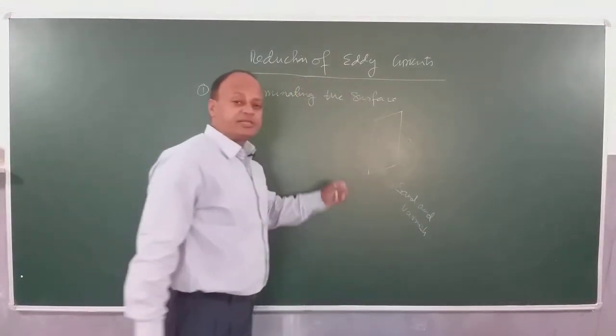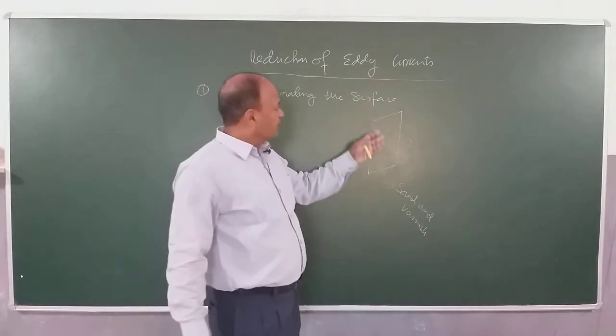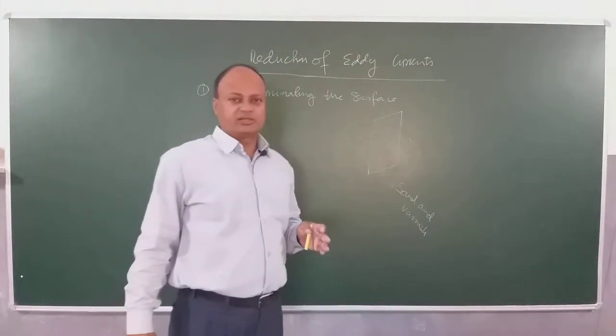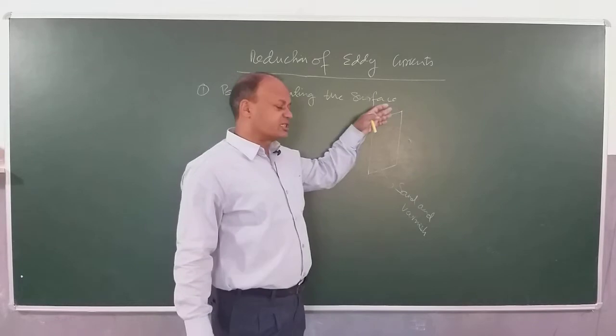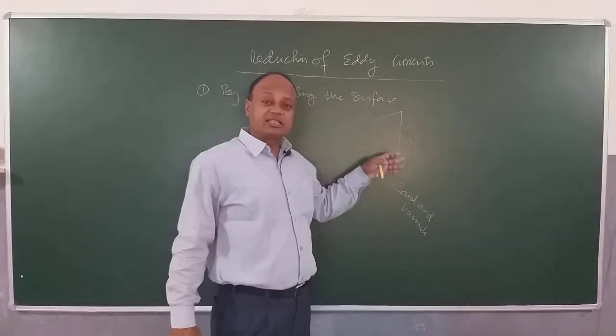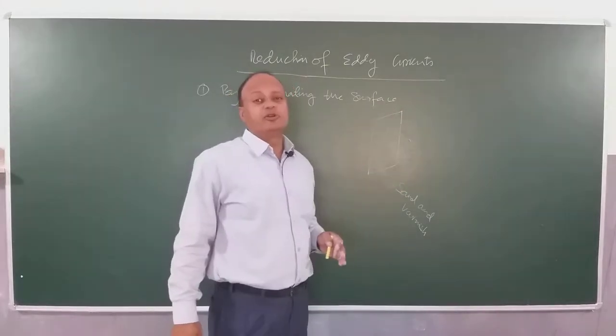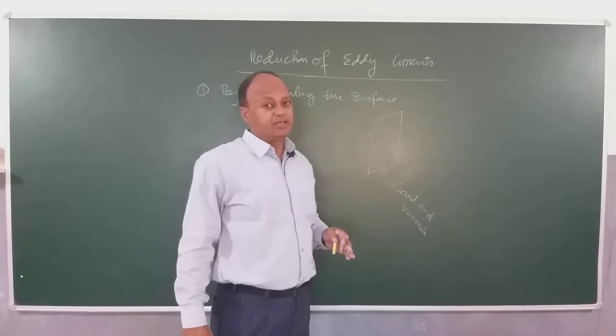If you put a coating of sand and varnish, it's called lamination. And that will increase the surface resistance significantly, and therefore it will be able to reduce eddy currents by a very large value.